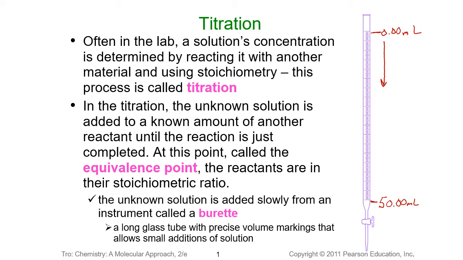Typically our unknown solution will be put into an Erlenmeyer flask, and this is called the analyte. The known solution typically is put into the burette, and this is our titrant.